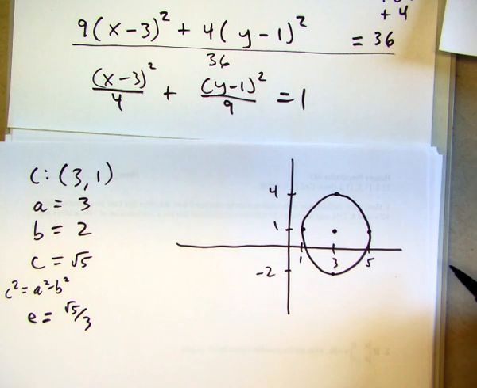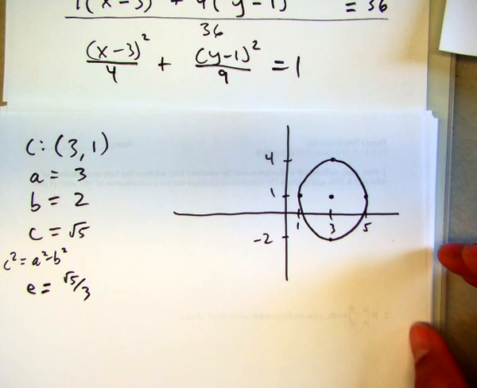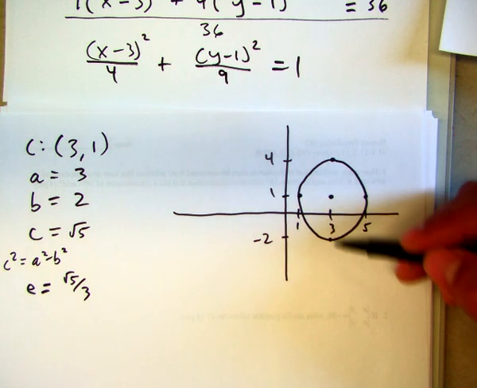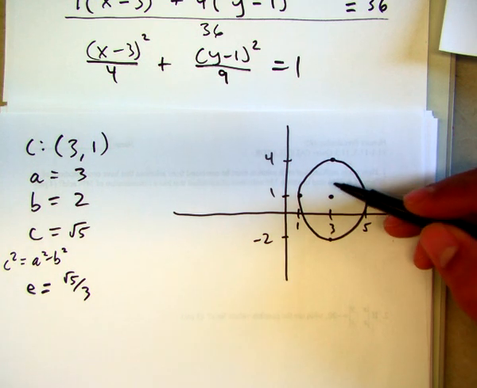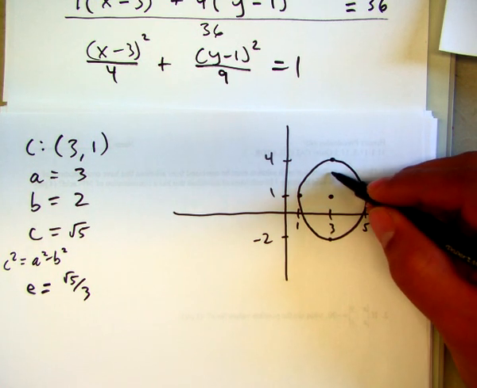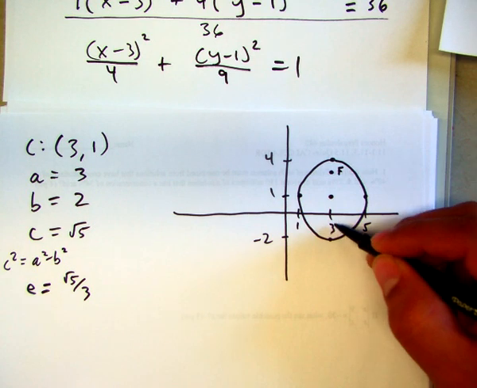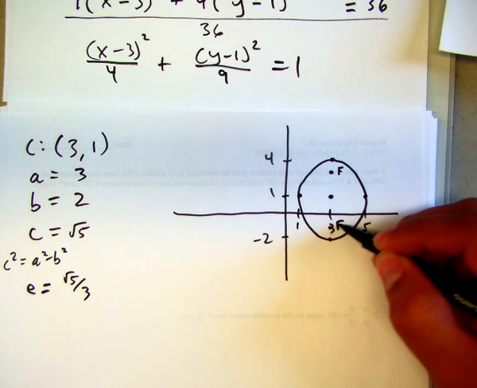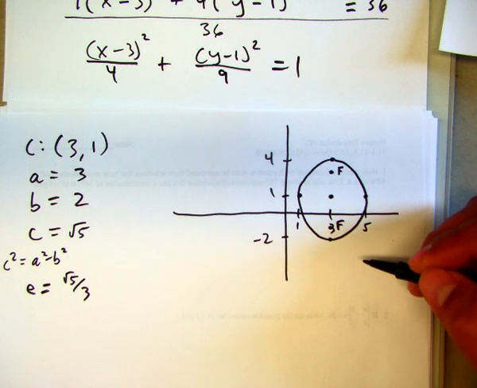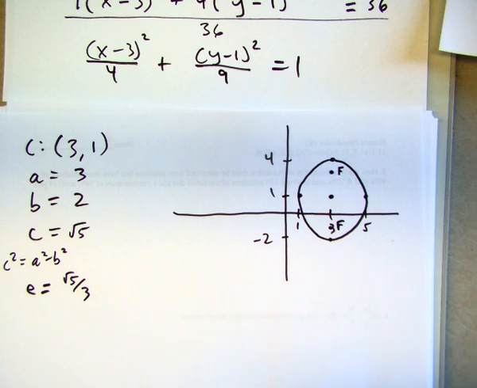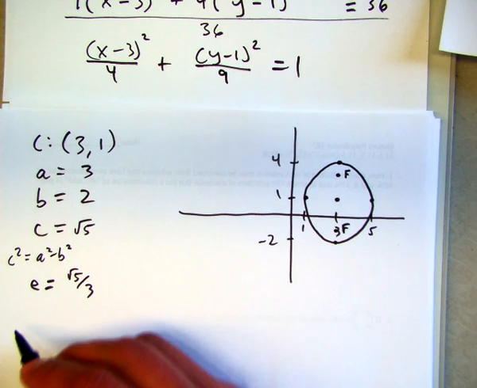Which one is the longer axis? The vertical or the y-axis, right? So the foci are going to be located somewhere here and somewhere down here on the same vertical axis. That's the only difference between an ellipse that's elongated in the x direction versus a vertical direction. Let's go ahead and find the foci.